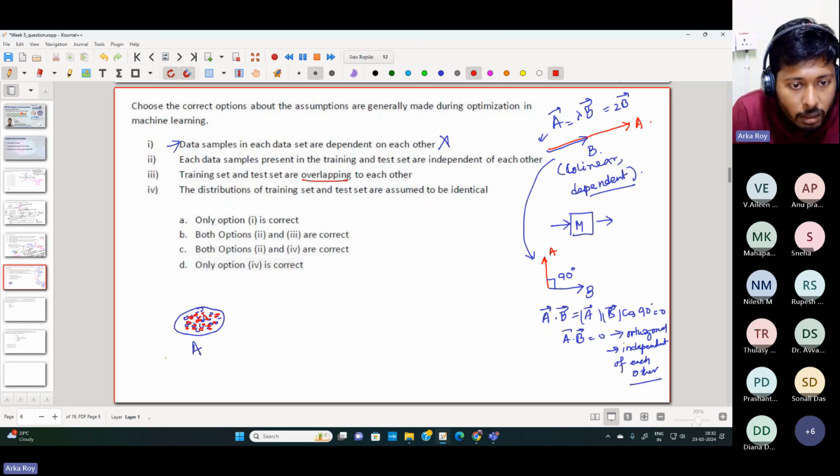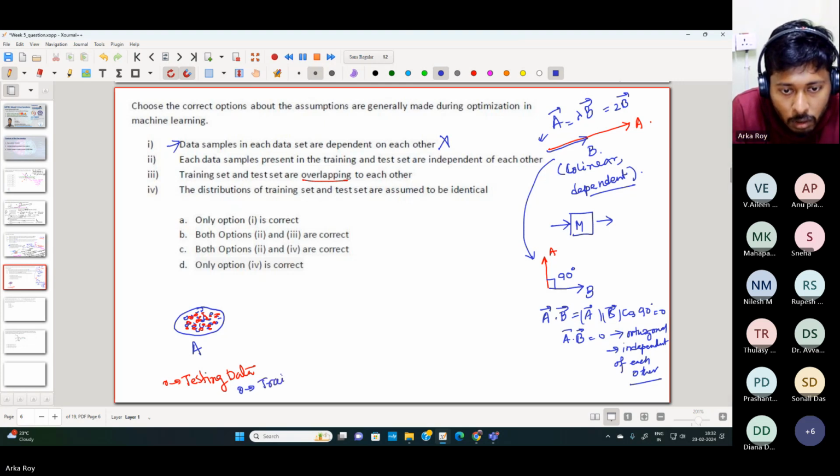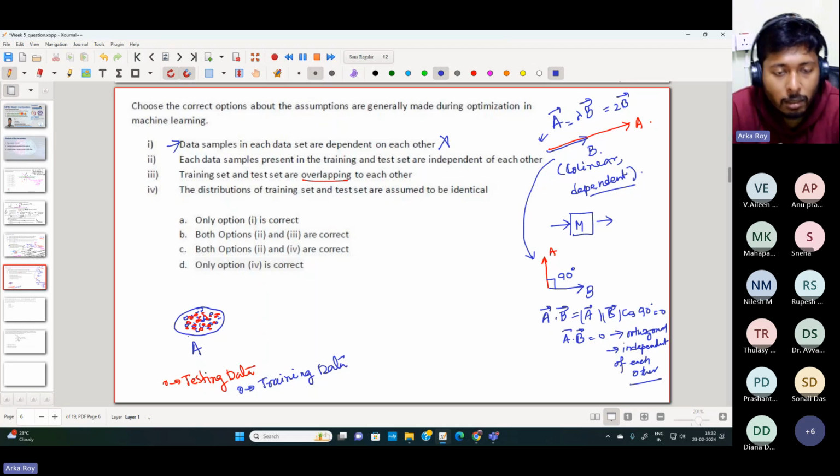So this red basically gives you the testing data and blue dot gives you the training data. Now, if these two data sets are overlapping to each other, it is very likely to have the same training and testing data. So what is the novelty in classifying the training and testing data set if they belong to the same data?